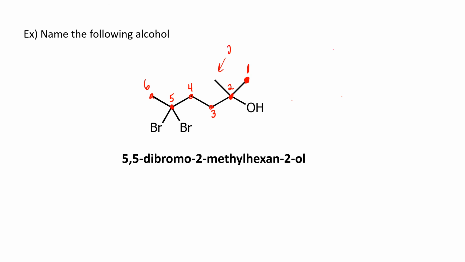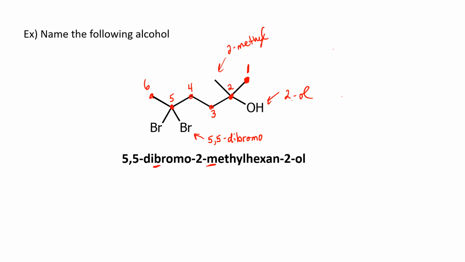Now I've got a 2-methyl, 5,5-dibromo, and this is going to be my 2-ol. So we put the name together.